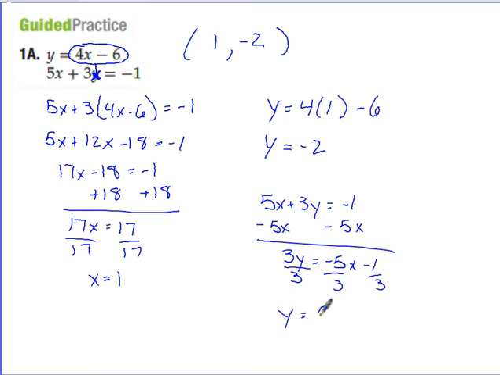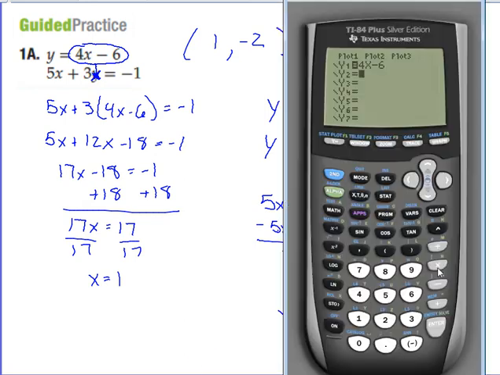And I get y equals negative 5/3 x minus 1/3. So that's what I'm going to type in the calculator: negative 5/3 x minus 1/3.